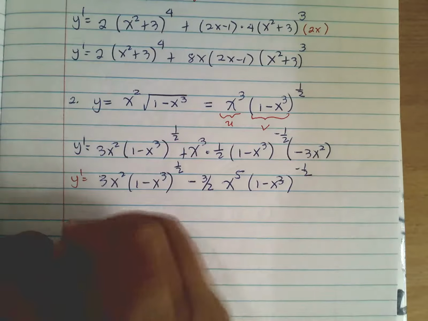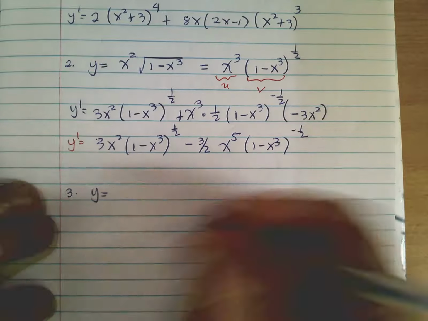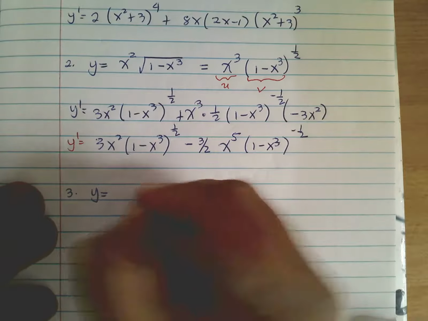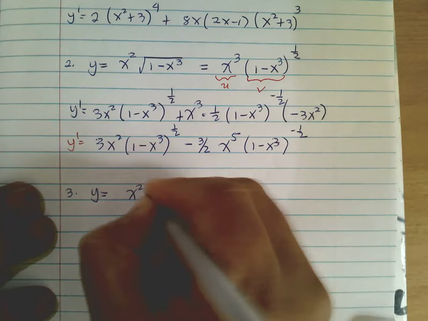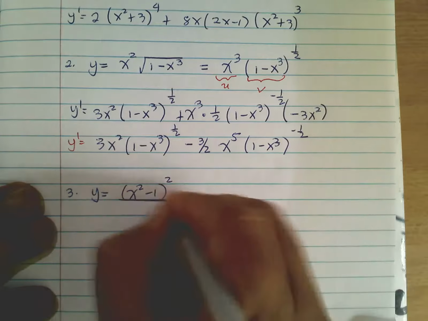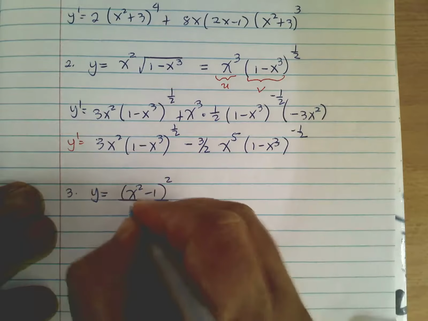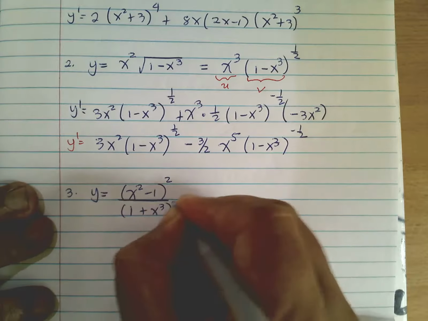Question number 3. Suppose my y is equal to (x squared minus 1) raised to 2, divided by (1 plus x cubed) raised to 3.